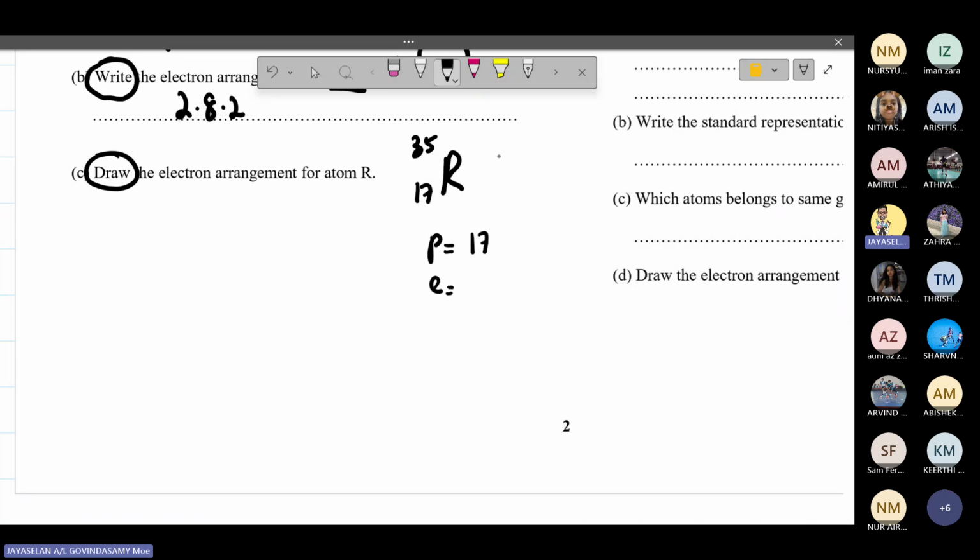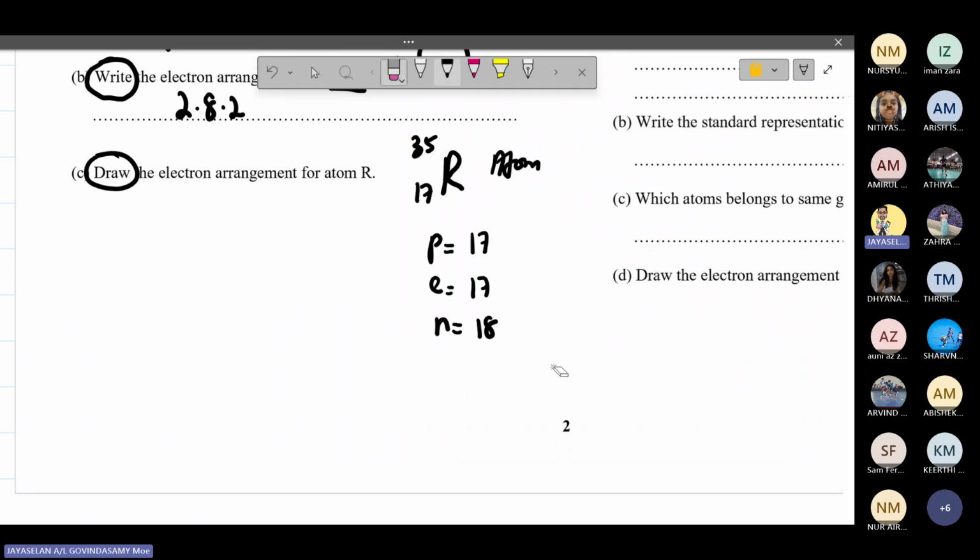How many electrons? You see, this is an atom, proton and electron are equal. So 17. Neutron, how many? 35 minus 17, which is 18. So you put here neutron 18.